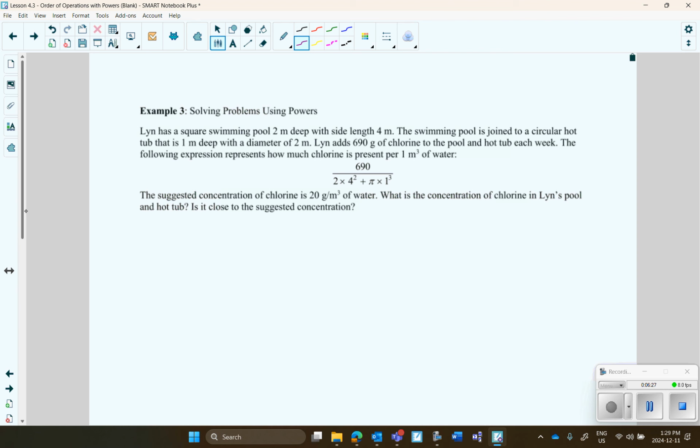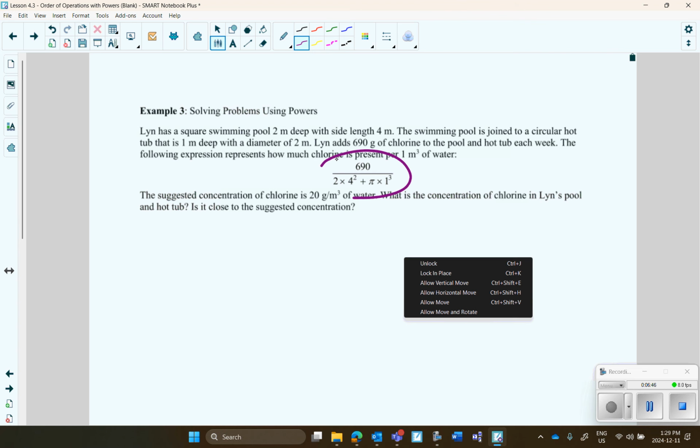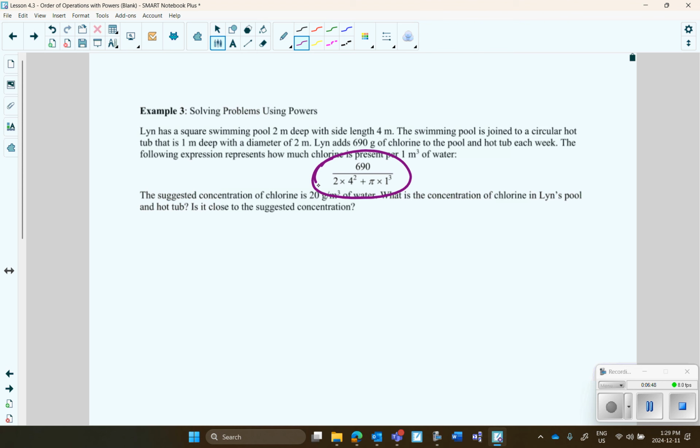Because you don't want to put too little chlorine into a pool because then it won't work. Or you don't want to put too much chlorine into a pool, otherwise everybody's going to be bleached white, hair and everything. So you definitely want to be careful. So really all we're doing here is we're using order of operations to calculate this.